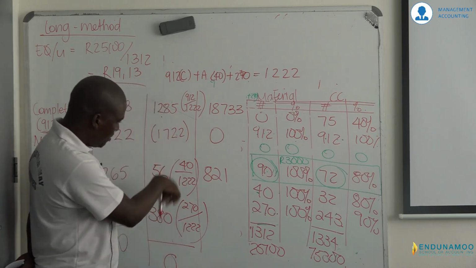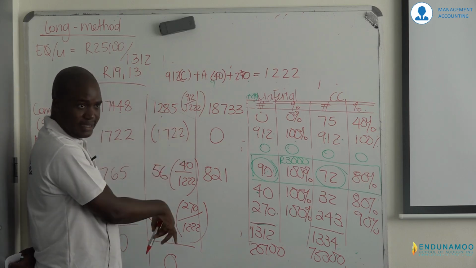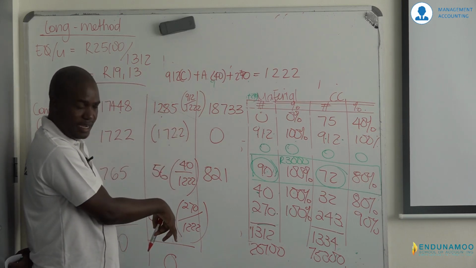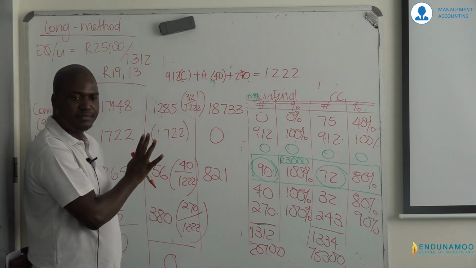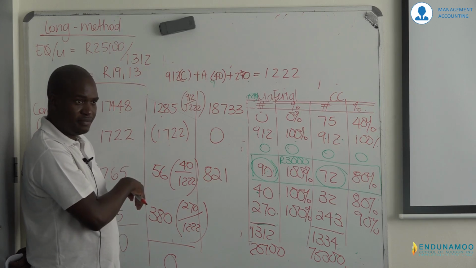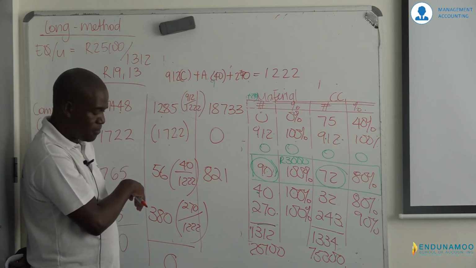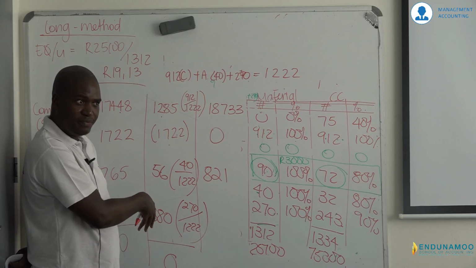Then this should add up to 1722, so that this adds up to 0. If it doesn't, there should be only 1 or 2 rounding differences at most. Have we checked? All happy with it adding to 0.